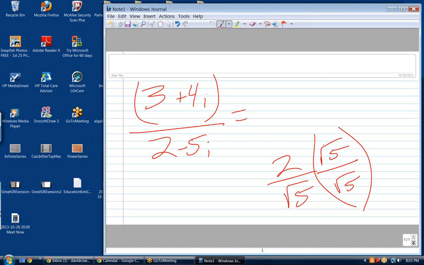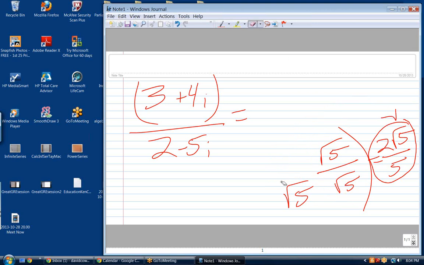In this case, my 1 is root 5 over root 5. And what that gives me is 2 root 5 in the top and 5 in the bottom. So I have gotten rid of my irrational denominator by rationalizing it. These two are the same number. It's just this one has the irrational number in the numerator, which is where it's supposed to be.